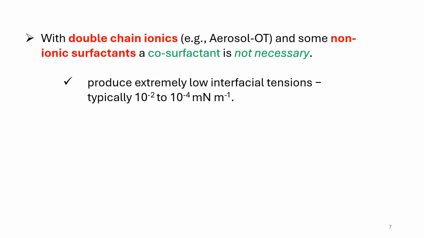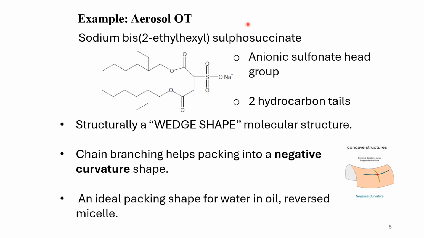However, if we use another type of surfactant, for example a surfactant with a double chain, such as aerosol OT, which is sodium bis(2-ethylhexyl) sulfosuccinate, it has an anionic group for the head and it possesses two hydrocarbon tails.